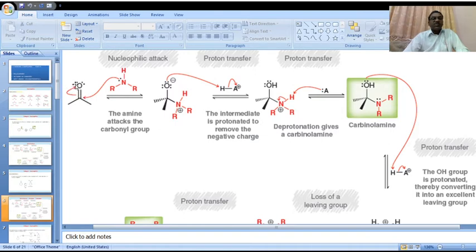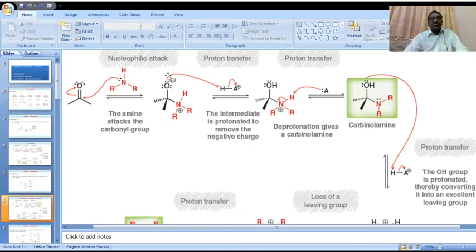Cleavage of the pi bond, oxygen gets negative. This step is named nucleophilic attack. This tetrahedral structure is formed as an intermediate.